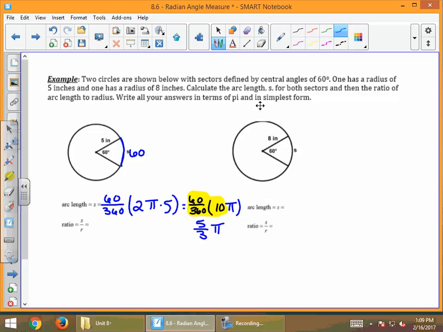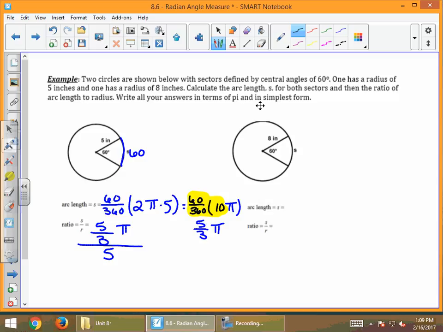Okay. Well, we're going to find the ratio of the arc length over the radius. We're just going to make a fraction. We're going to take what we got for our arc length and put it over our radius. So again, our radius was what? I know this looks really goofy when you have a double fraction like this, but to simplify it, you can just do 5 divided by 3 divided by 5 in your calculator and change it to a fraction.